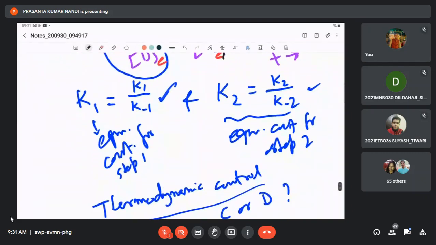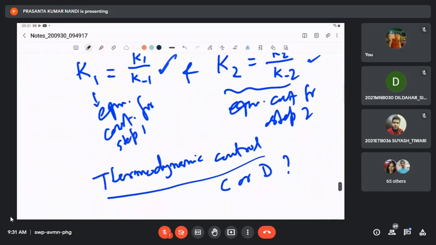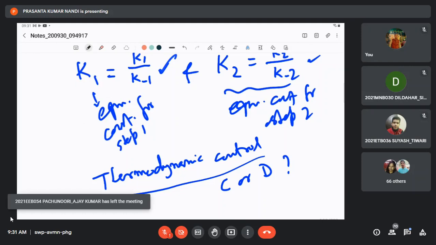Now, what is thermodynamically controlled? Thermodynamically controlled means which product will be produced ultimately. That means which would be expected to be produced in greater yield, whether isomer C or D, at the end of the reaction.